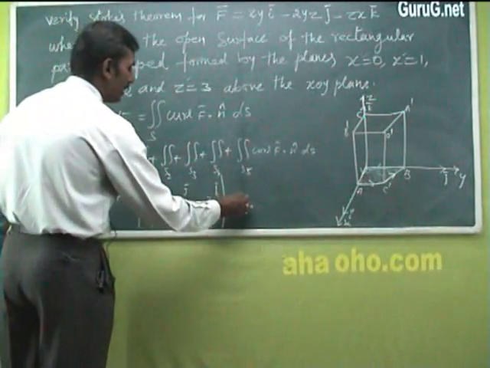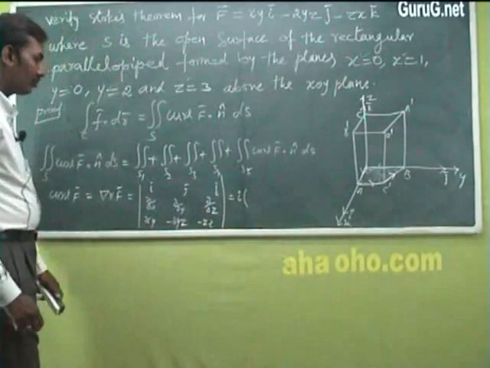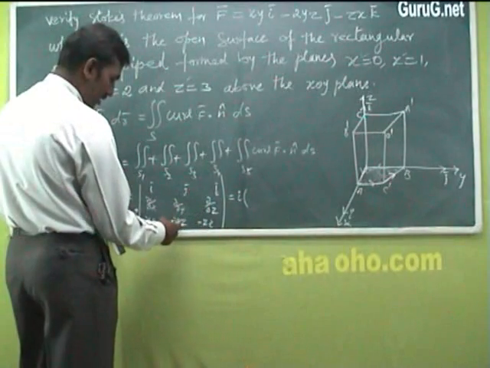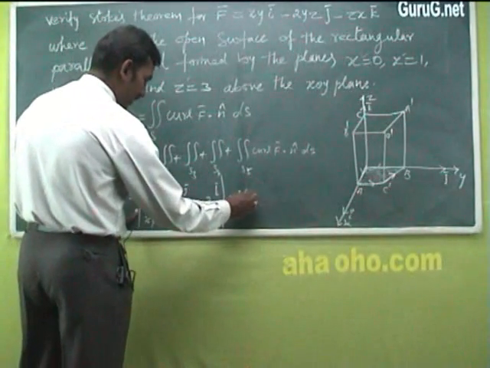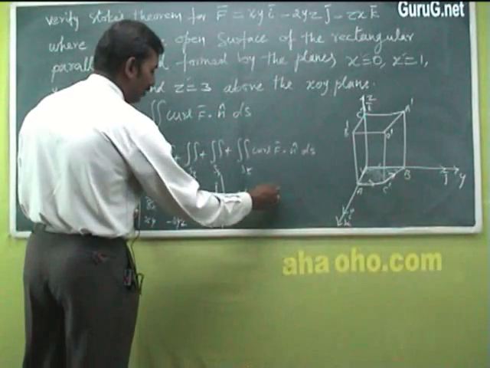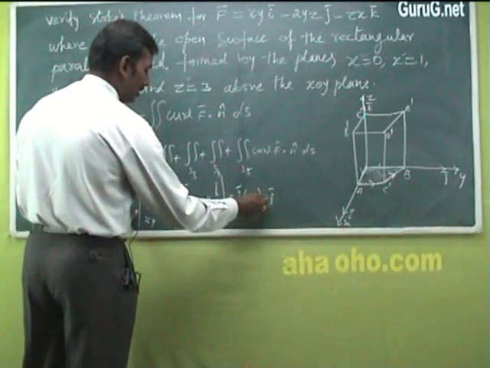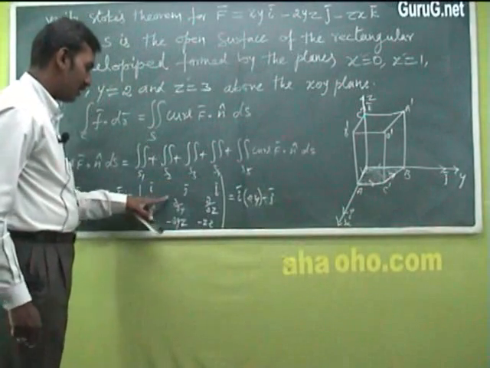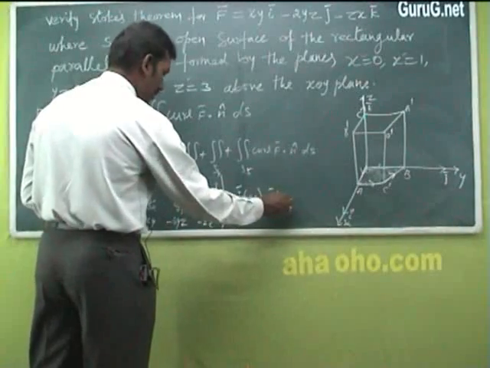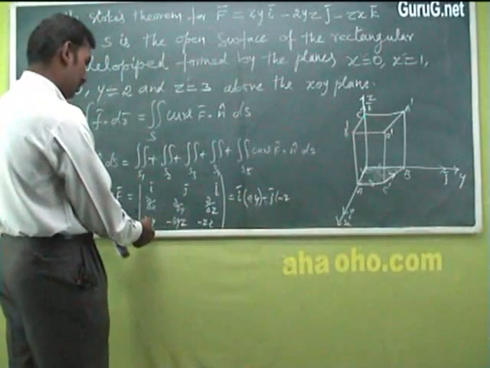So expand this. I vector into, omitting this column and this row, so this is 0, and then minus, plus 2y, right? Minus j vector into, omitting this column and this row, so minus z, and then 0.